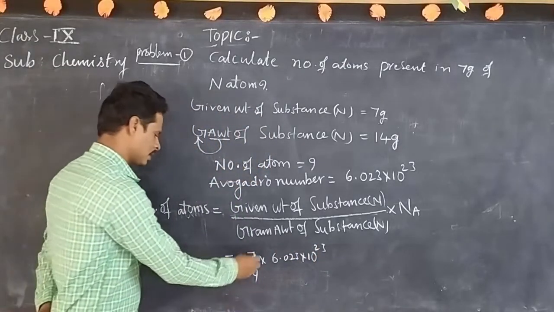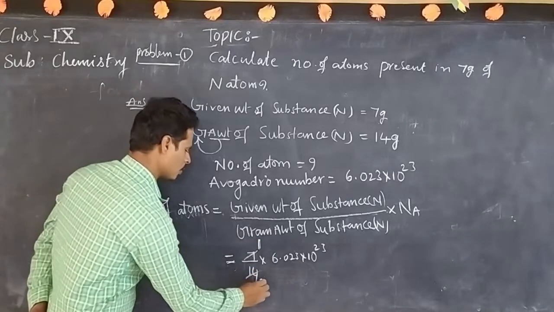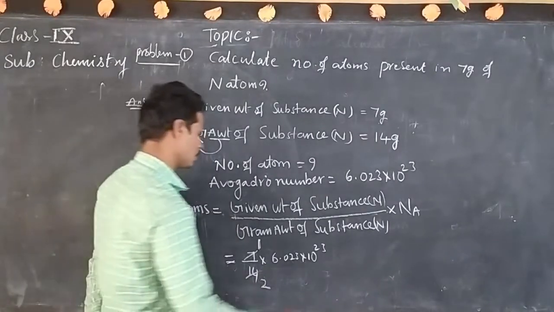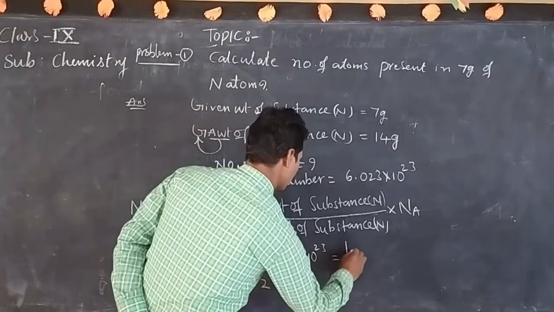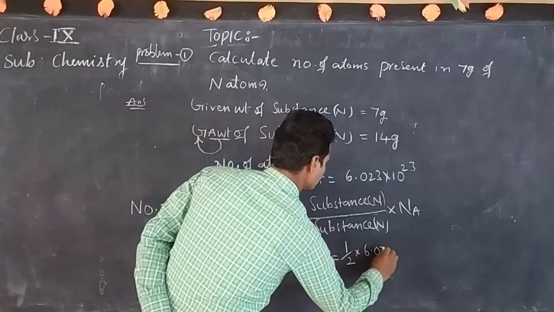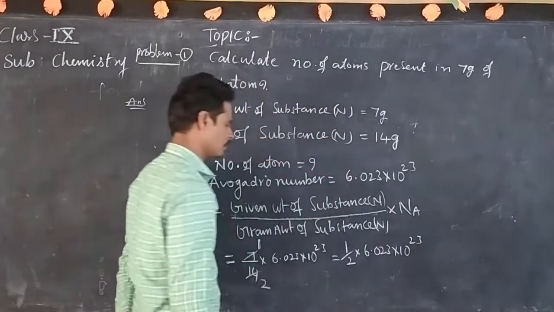Here 7 ones are 7, 7 twos are 14. Now the value should be 1 by 2 into 6.023 into 10 to the power 23.